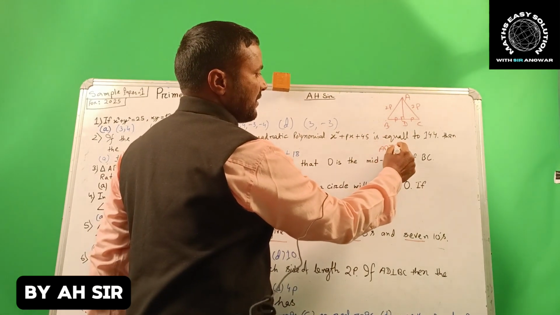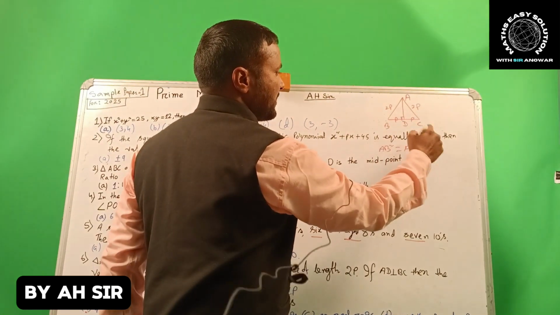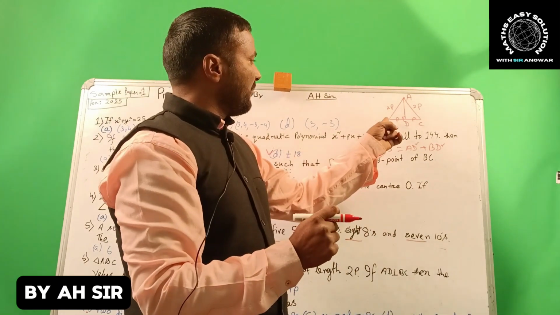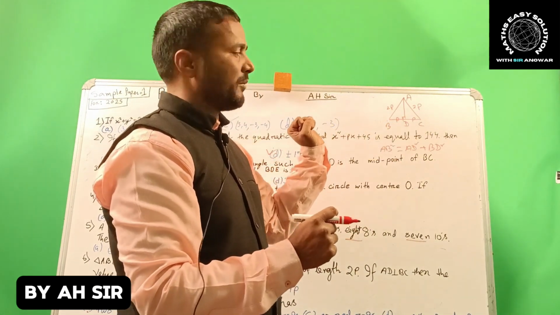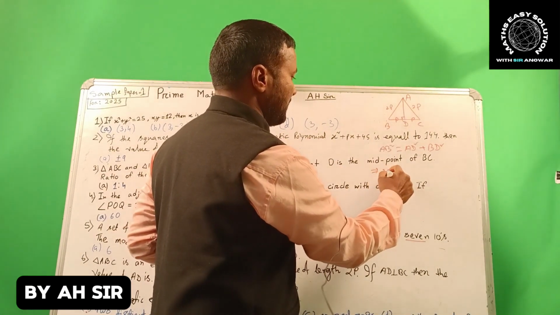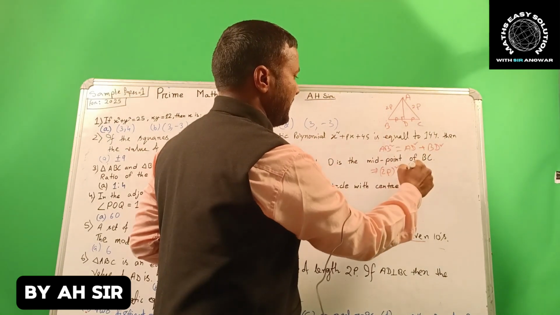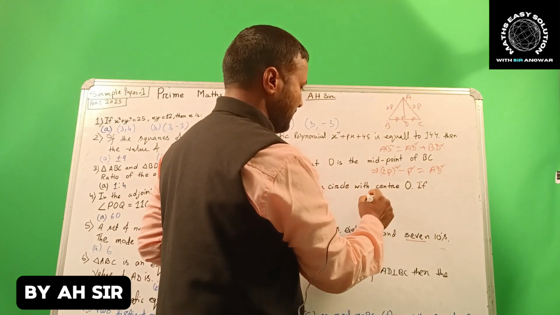AB square equal to AD square plus BD square. You see here one thing you have to remember. BC is 2p, so this is p, this is p. P plus p, 2p. Remember that. So here AB is 2p and BD is p, AD is the question to calculate.